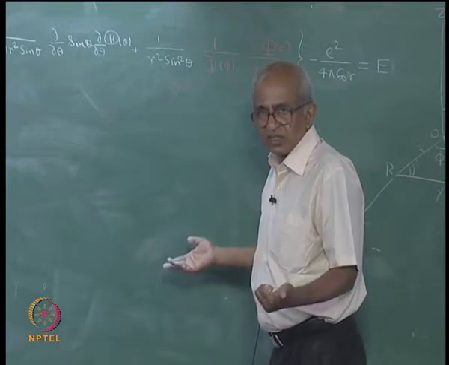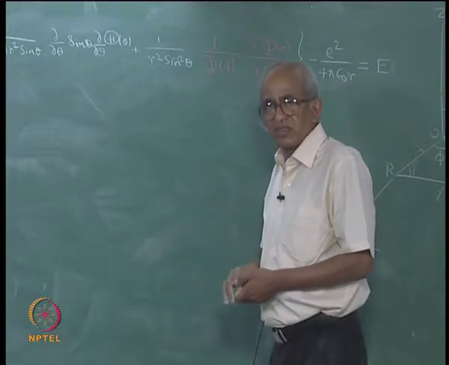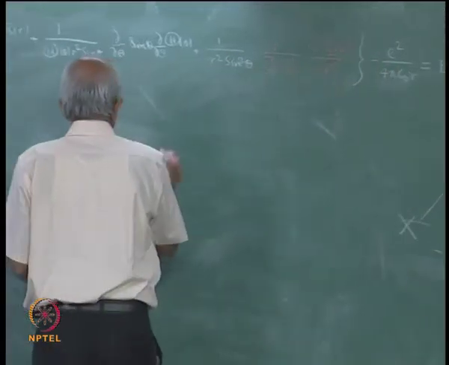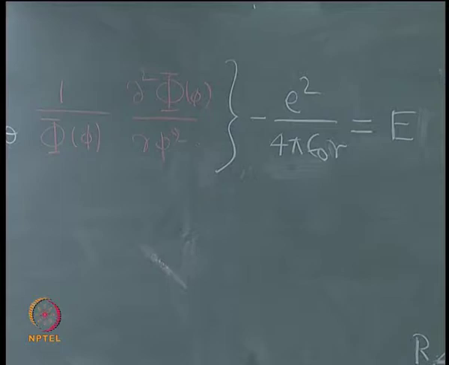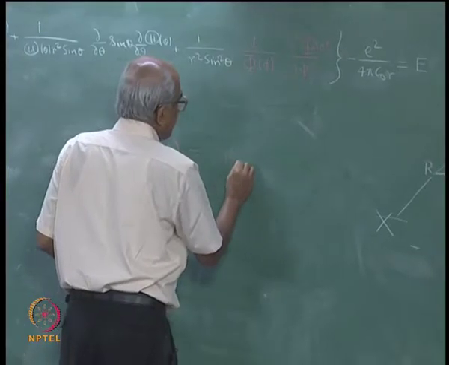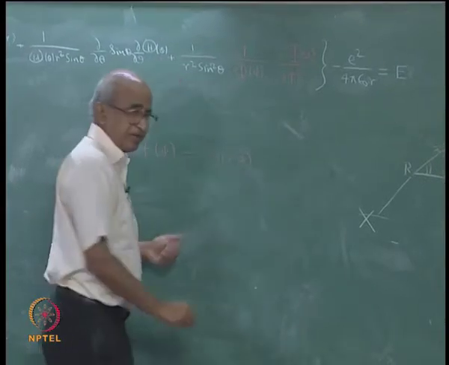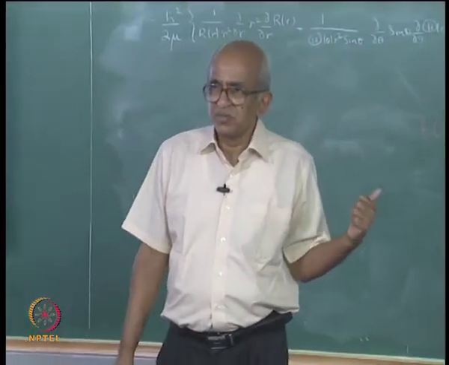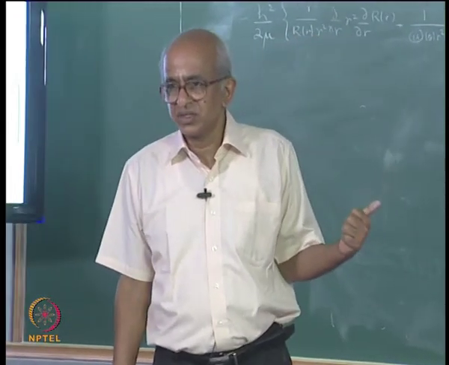r and theta. And whenever you have such an equation, we know that on the left hand side you have a function of phi, and on the right hand side you have some function of r and theta. And if such a thing is to be satisfied, both of them must be equal to a constant.